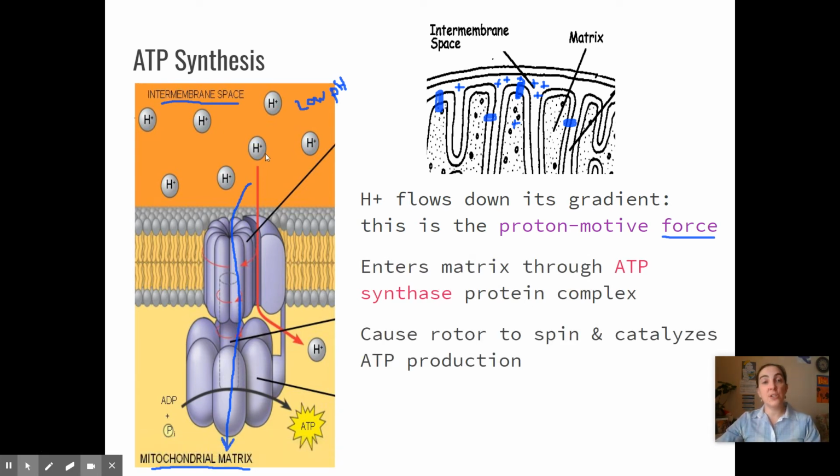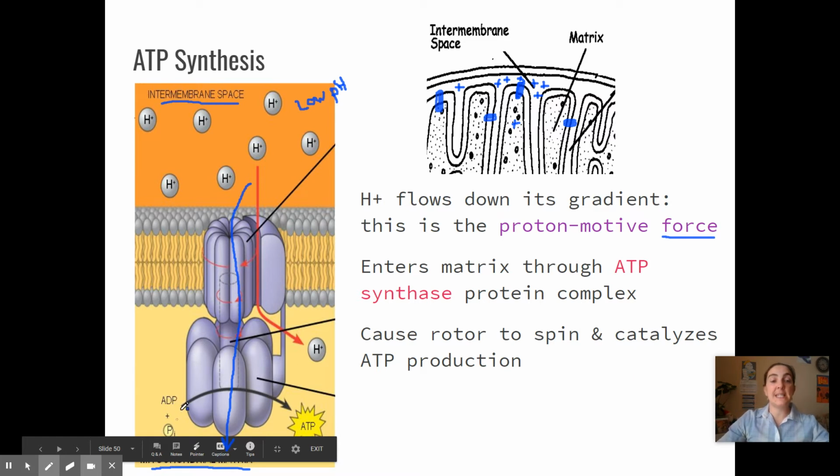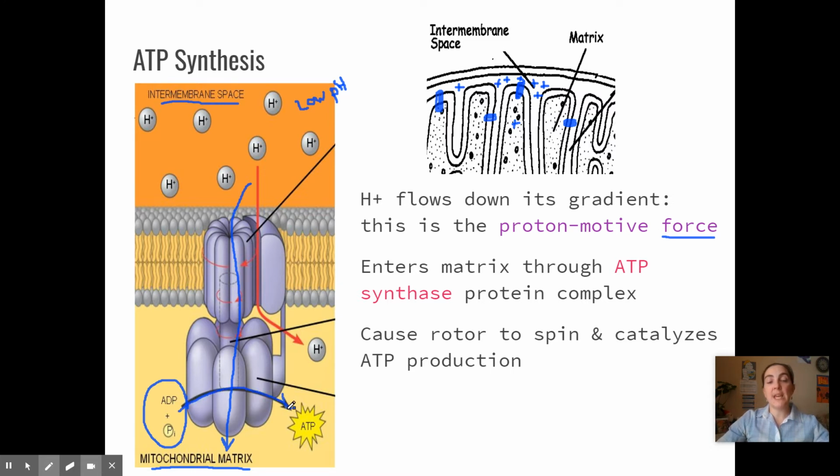And as they do that, hydrogen is a positively charged ion. And of course, a positive charge is going to interact with all the R groups that make up all these proteins and cause them to change shape. And so the movement of those hydrogen ions actually causes this protein to move in such a way that it takes adenosine diphosphate and those phosphate ions and joins them together to create ATP.